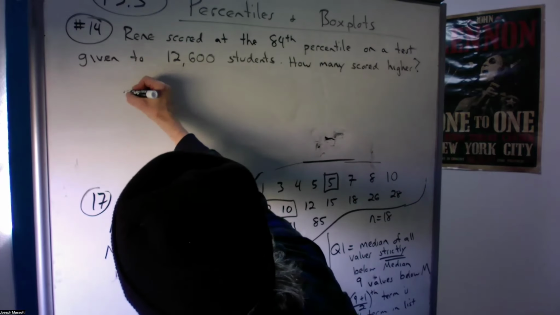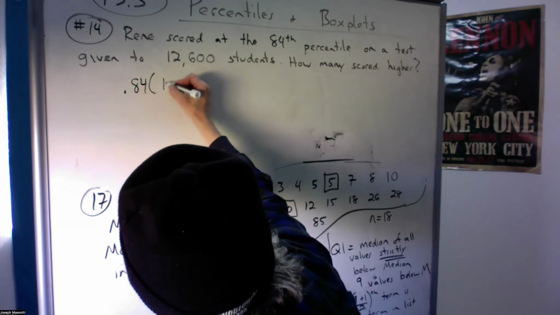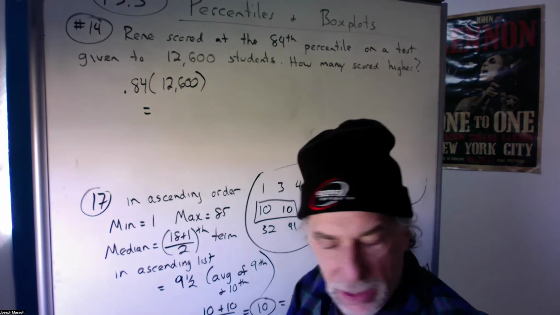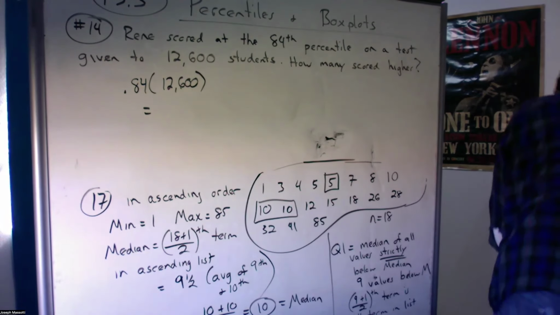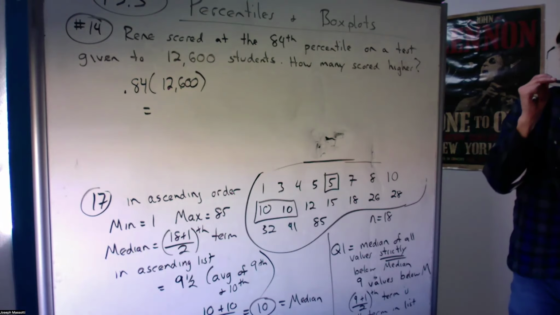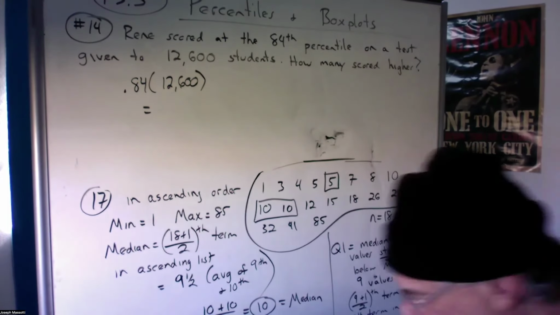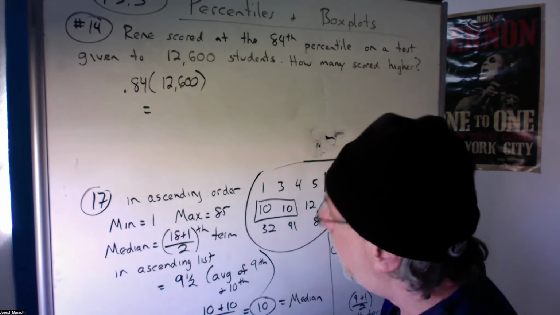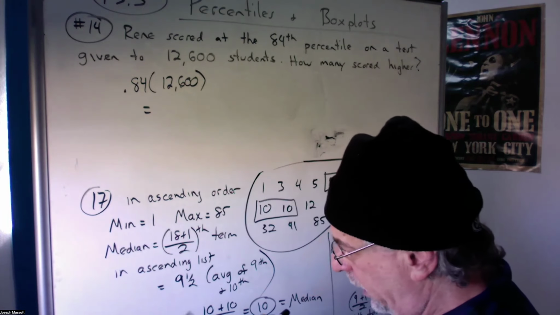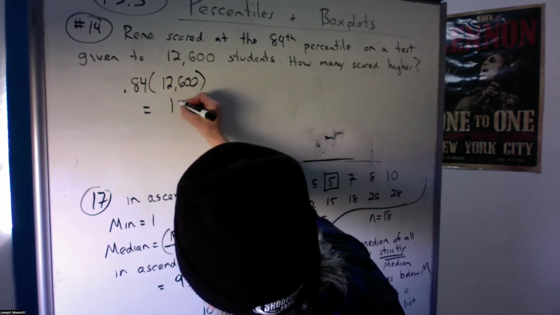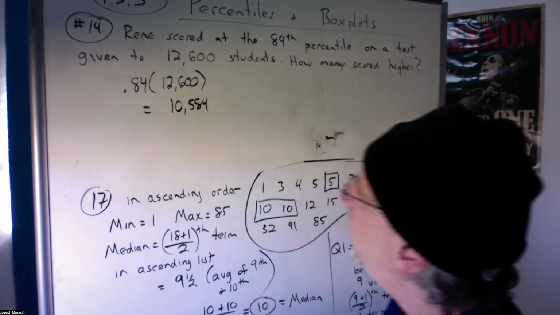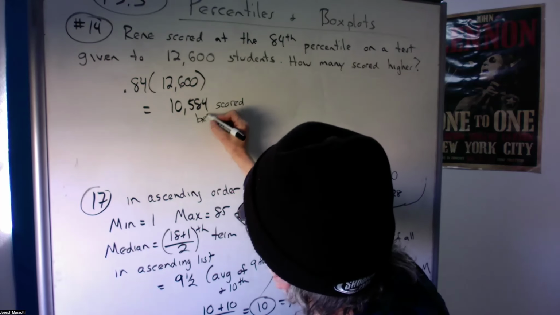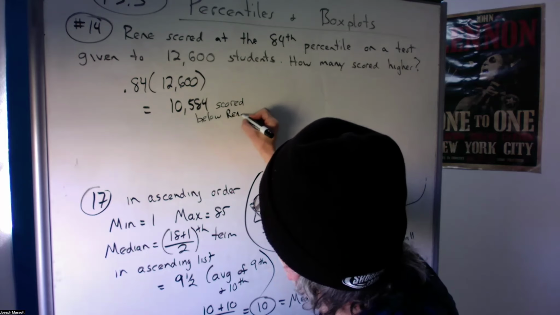So we can say 0.84 or 84% of those 12,600, which comes out to be, if you multiply that, 0.84 times 12,600, and that's 10,584. So 10,584 students scored below Renee.